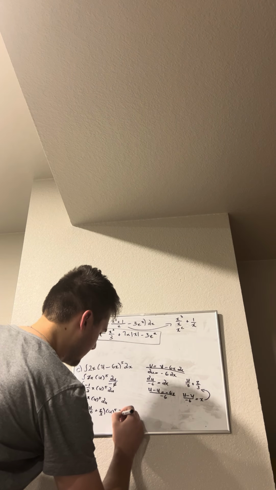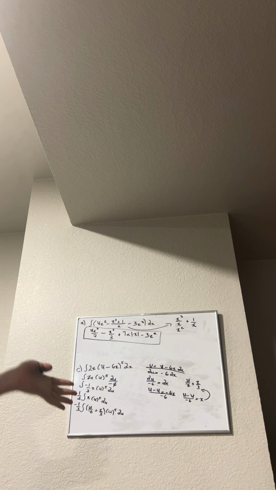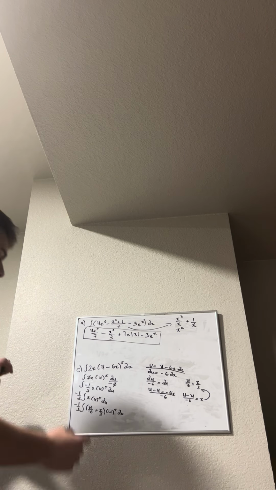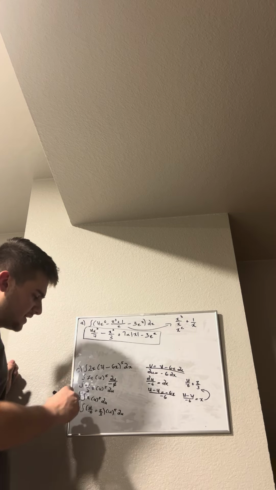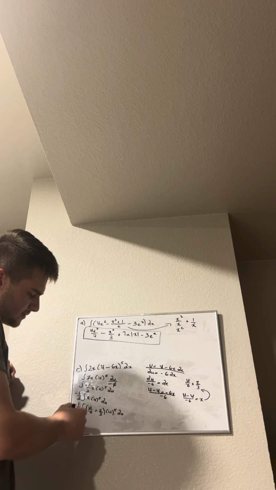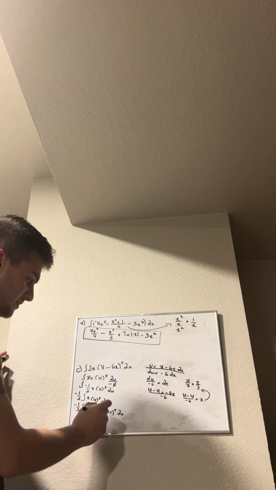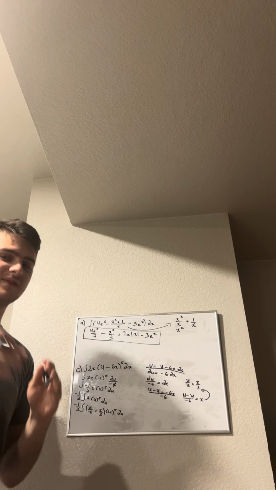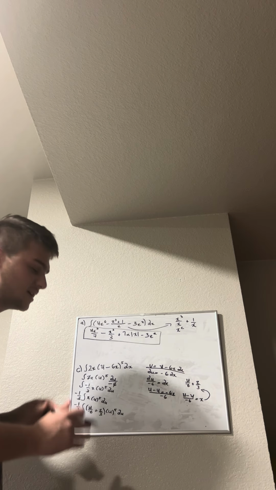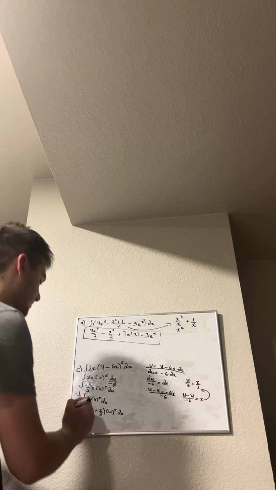Make sure you don't forget that. Now we have everything written in terms of u, so we want to apply the antiderivative rules. Actually, instead of applying them first, you want to make sure that you distribute so that you have the final integral expression, and then we apply the antiderivative rules.